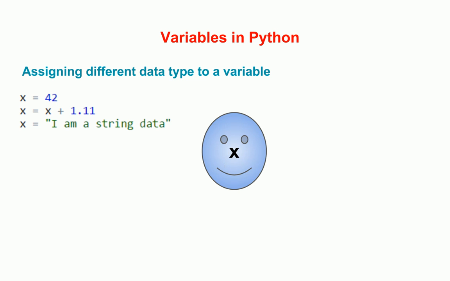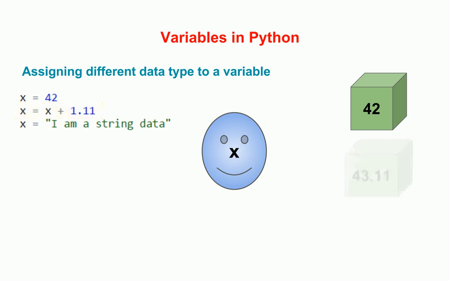Let us see an example now. At first, we are assigning an integer value 42 to the variable x. To be precise, an object with value 42 is created and the variable x is referencing that. Then we are adding a floating point value to the integer.